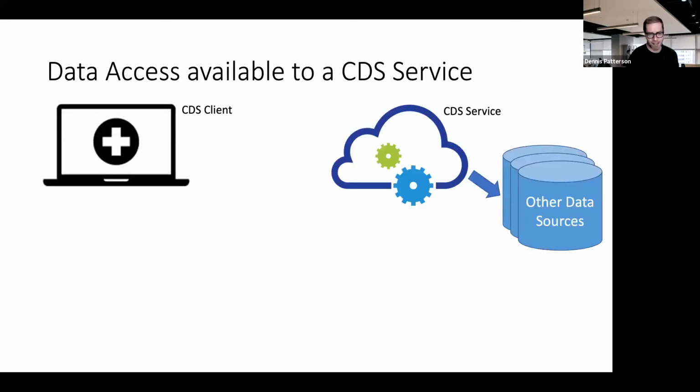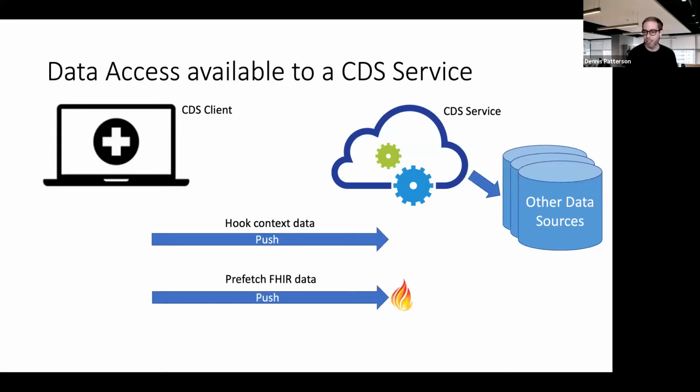So what kind of data access is available to a CDS service when it finds out about one of these events? Well, of course, they have their own proprietary data sources that might make that particular service unique or otherwise give it value in a clinical workflow. There is hook context data that is pushed to the service along with the notification of the event. So there's core information about that event.